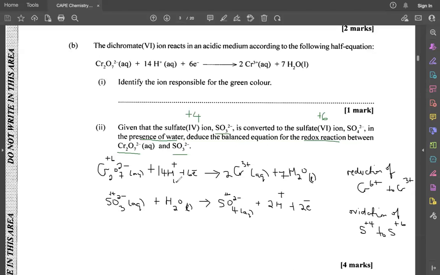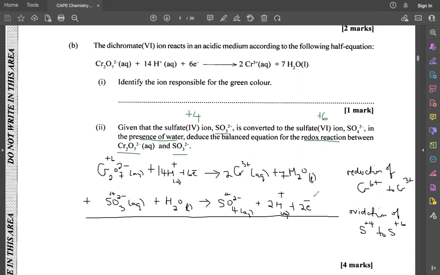Let me fill out my state symbols for this one and this one. So then what remains now, guys, is for us to add these two equations together. But in order to add them, we have to make sure that the number of electrons are the same in both half equations. We see that there's 6 electrons up here.